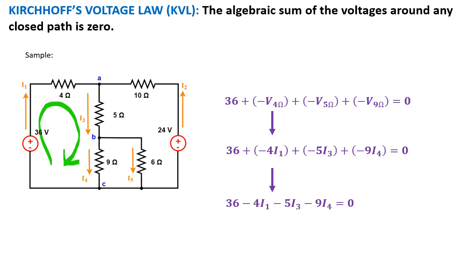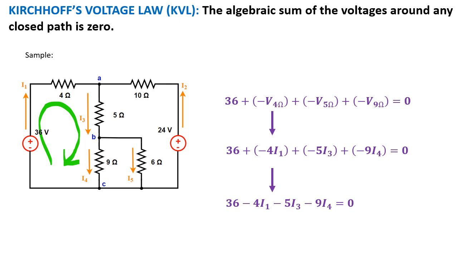So it is a closed one. From here up to here we have one element, then another element, then another element, so in this loop we have four elements. We are trying to take the sum of the voltages across these four elements, and we expect them to be equal to zero.